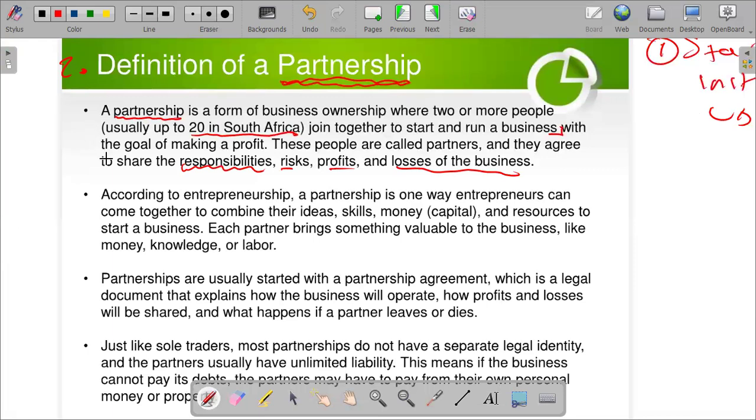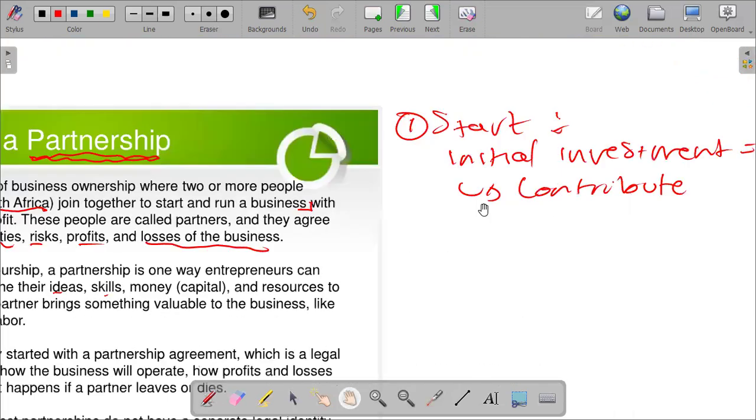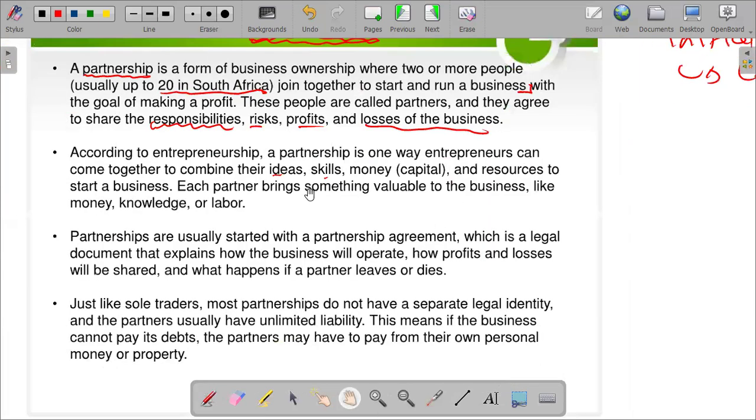Moving along, according to entrepreneurship, a partnership is one where entrepreneurs can come together to combine their ideas and skills. Remember, when we defined entrepreneurship, it is when you initiate and come up with creative ideas to start a business. In a partnership, you all come up with different ideas and then combine them. All of you have skills, and then the money, as we said, the initial investment, and resources to start a business.